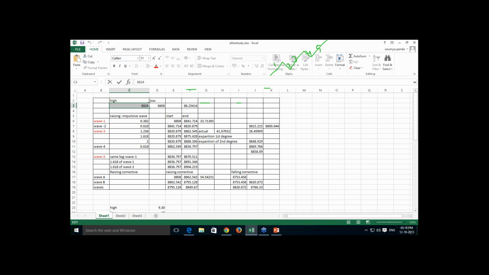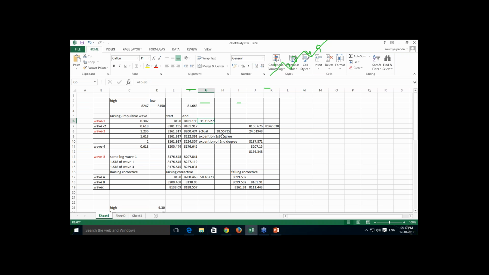Suppose today Nifty's high was 8247 and low was 8150. If you are going to draw a rising impulsive wave, you have to start from the low of 8150 and it will end at 8182.